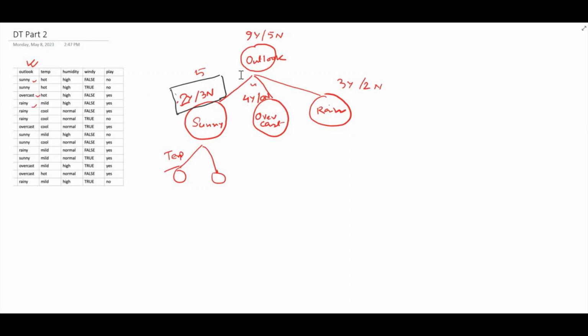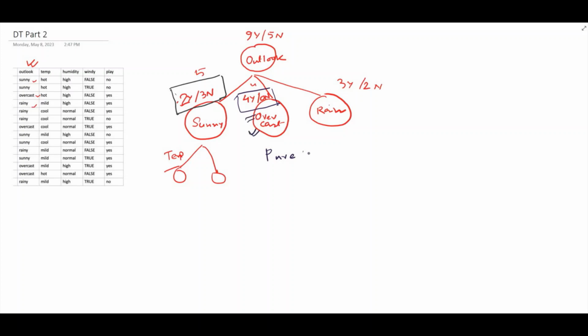Cool, so let's understand now. Check here: this is a proper split. Why is it a pure split? Because from this split I can easily say that when the condition is overcast, everybody says yes.